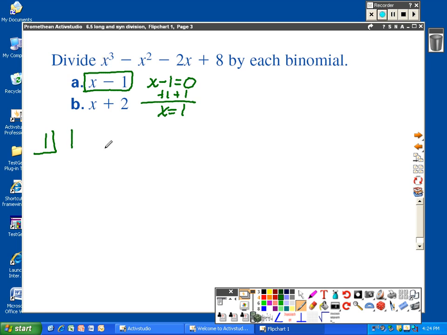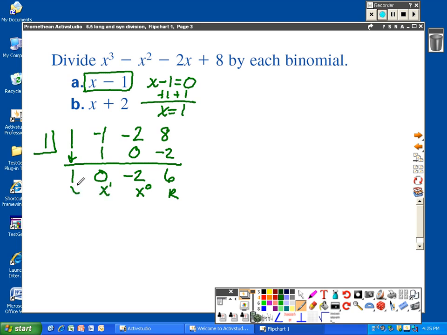So I write those coefficients down. 1x cubed minus 1x squared minus 2x plus 8. And I draw my line, bring down my first term, and I have 1. 1 times 1 is 1. Add 0. 0 times 1 is 0. Add negative 2. Negative 2 times 1 is negative 2. Add 6. Remainder, x to the 0, x to the first, x squared.